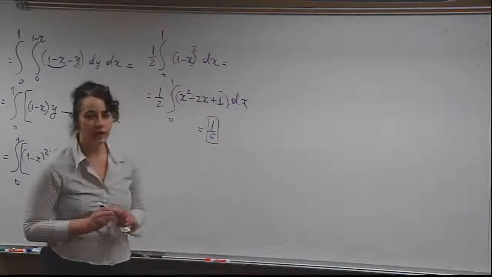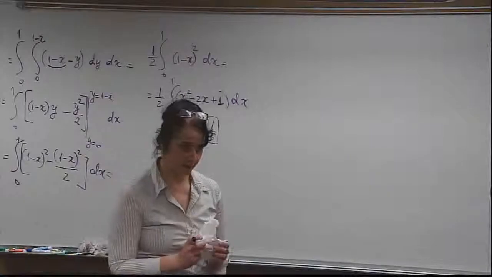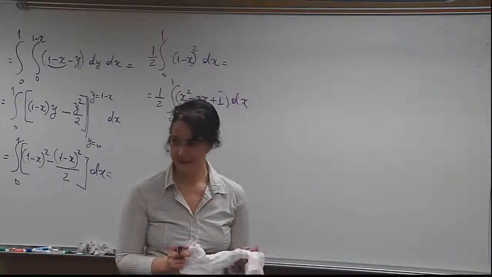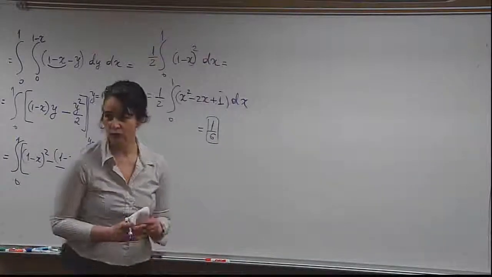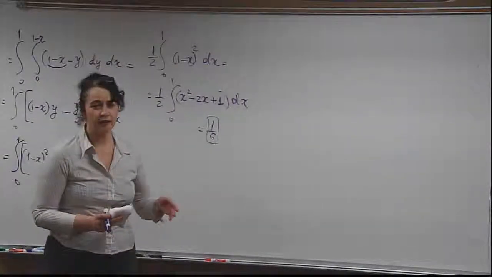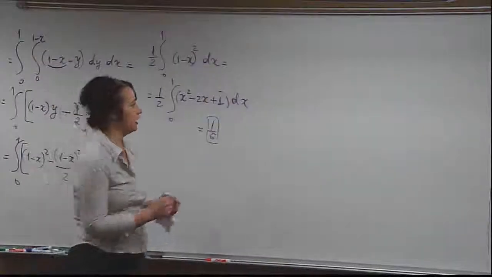Now, how could I have cheated on this problem on the final? It's a geometry formula still. In this case, being a volume, I would have been lucky enough. I'd say it's the volume of a tetrahedron.